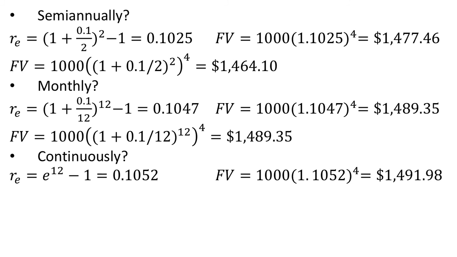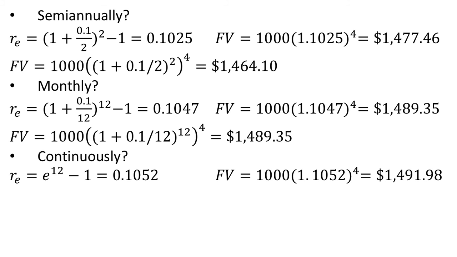So instead of converting our 10% compounding monthly to an effective annual interest rate of 10.47%, we can just go straight to the future value calculation, multiplying $1,000 times 1 plus 0.1 over 12 to the 12th to the fourth power, and get our 1489.35, right?